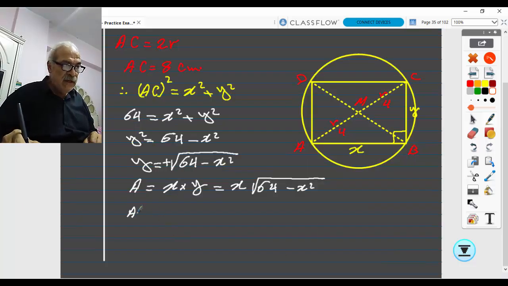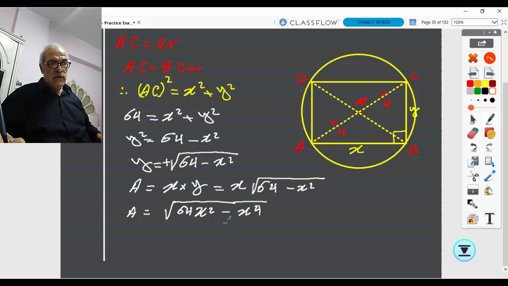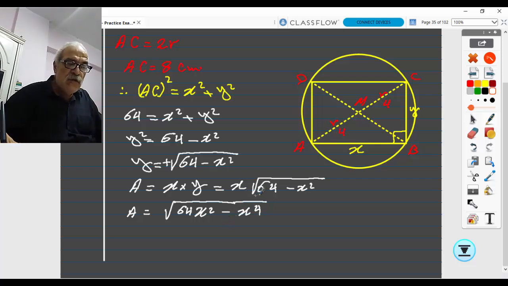Here we have again A equals square root of 64 X square minus X power 4. Again, X root 64 minus X square equals 64 X square minus X square multiply X square equals X power 4.